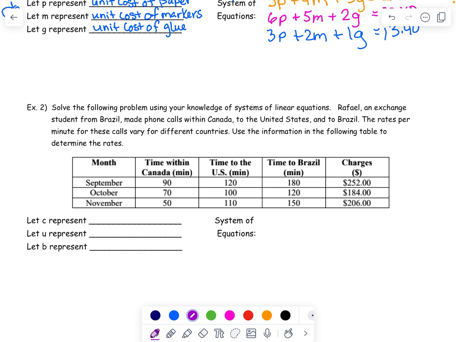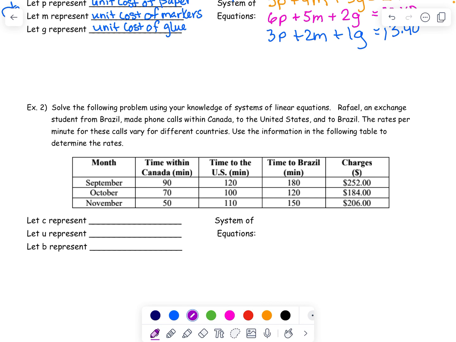So this one is solve the following problem using your knowledge of the system of linear equations. So Rafael, an exchange student from Brazil, made phone calls within Canada to United States and to Brazil. Okay. So the rates per minute for these calls vary for the different countries. Use the information in the following table to determine the rates.